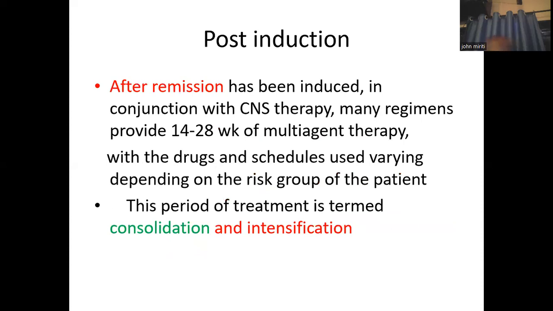So in post-induction, after remission has been induced in conjunction with the CNS therapy, many regimens provide 14 to 20 weeks of multiagent therapy, with the drugs used varying depending on the risk group of the patient. This period of treatment is termed consolidation and intensification.